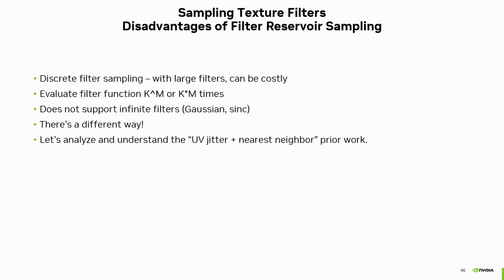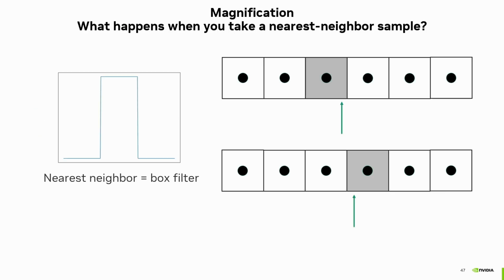And there is a different way, which I already mentioned, and most of prior work was using, which is this UV jitter followed by nearest neighbor sampling, which we will call filter importance sampling. To understand this method, let's have a look at what happens when you take a nearest neighbor sample. It's equivalent to convolving Dirac deltas with a box filter.